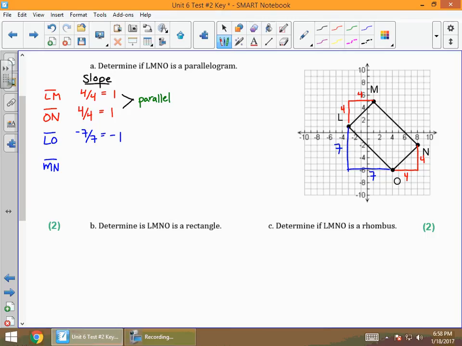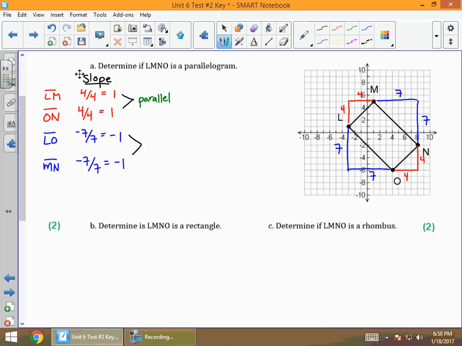All right, from M to N, it goes to the right 7, and then it goes down 7. So, rise over run. The rise, it goes down 7, I said, and it goes right 7. So, negative 7 divided by 7 is negative 1. All right, comparing these two slopes now.